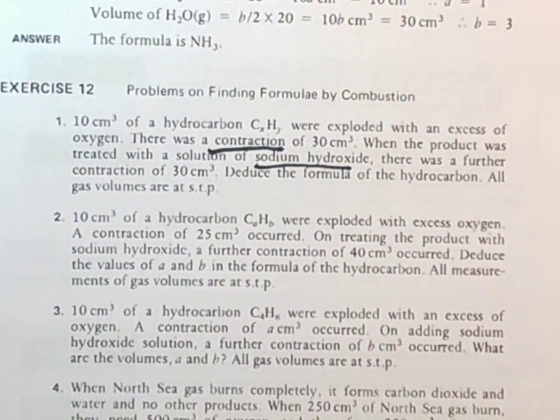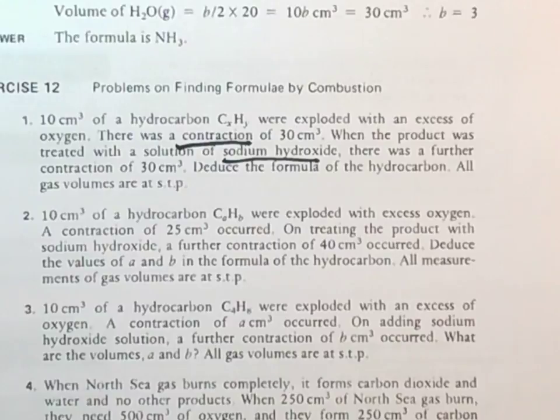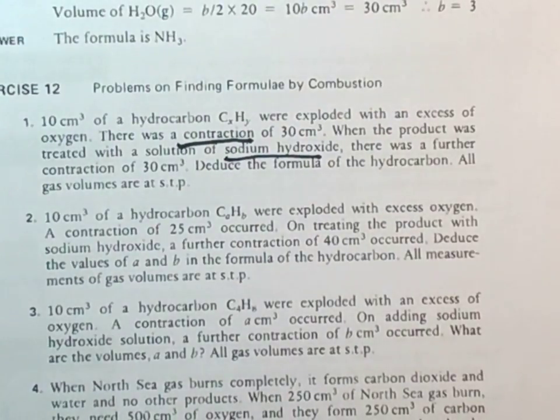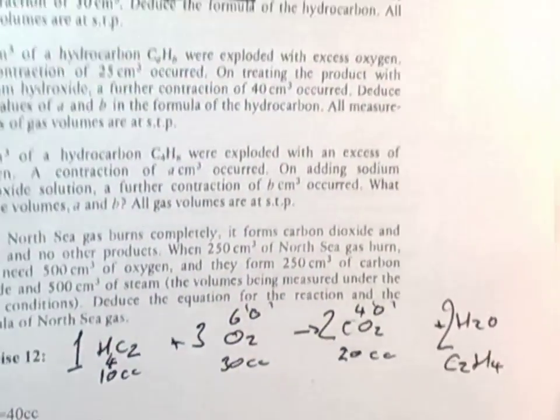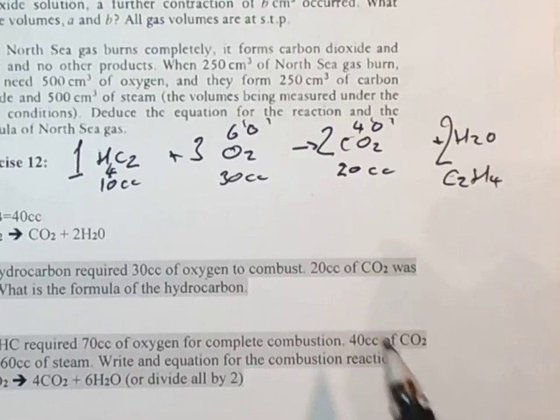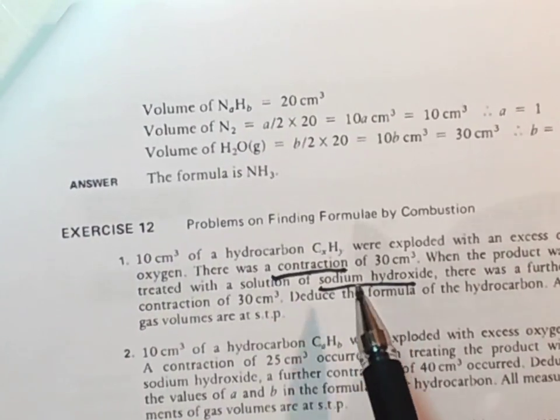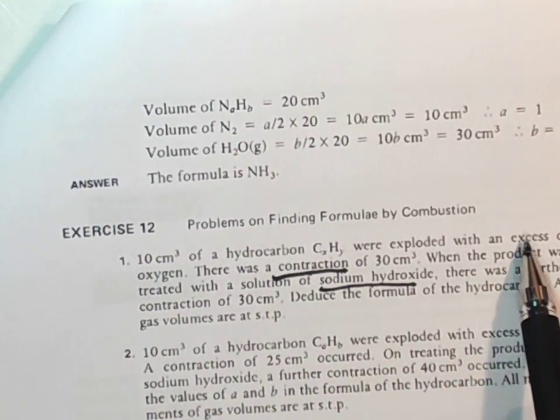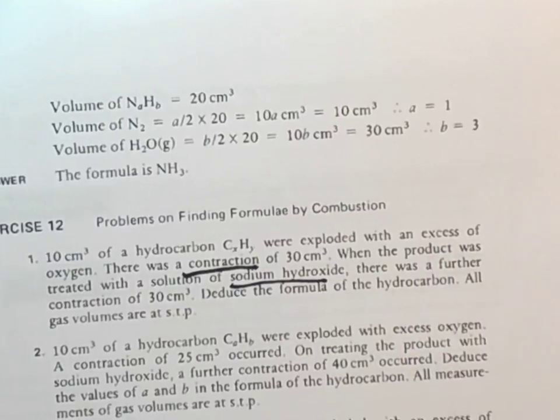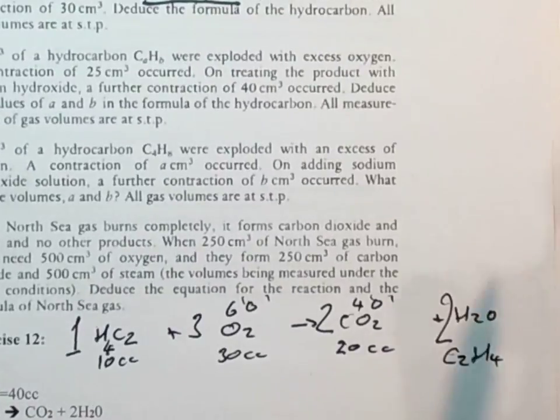so therefore Avogadro's law applies. Right, so what is the implication then of this sodium hydroxide? Well, if you remember, we'll just use this one down here as an example. When we combust anything, it did say up here that we had an excess of oxygen, so our products will be carbon dioxide and water.